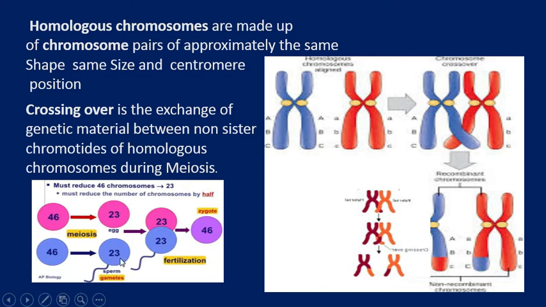When these haploid cells combine, fertilization takes place, and after fertilization a zygote forms, and the zygote has 46 chromosomes.